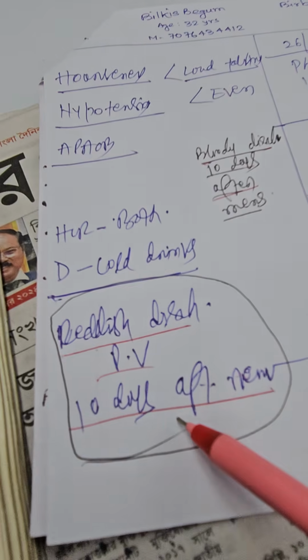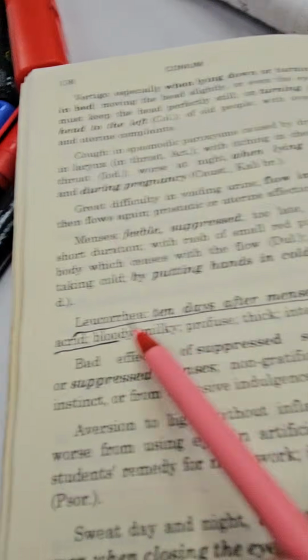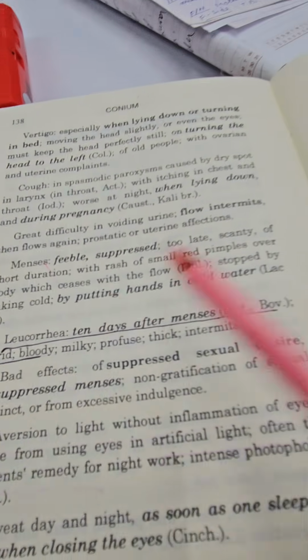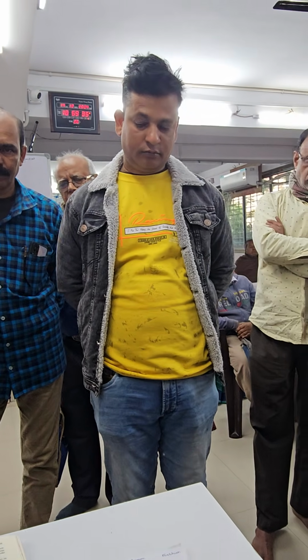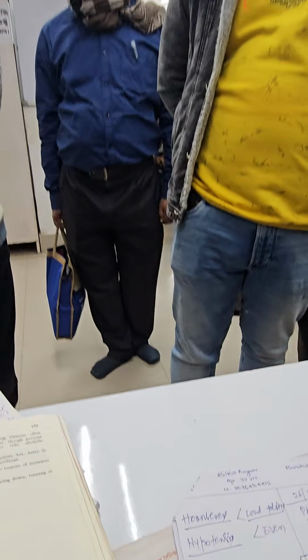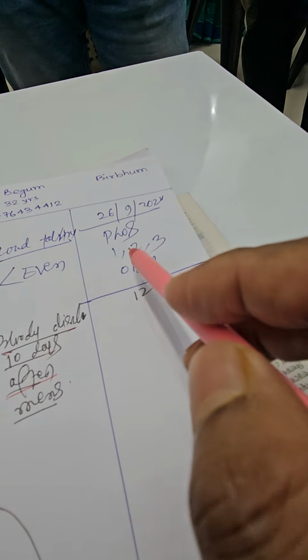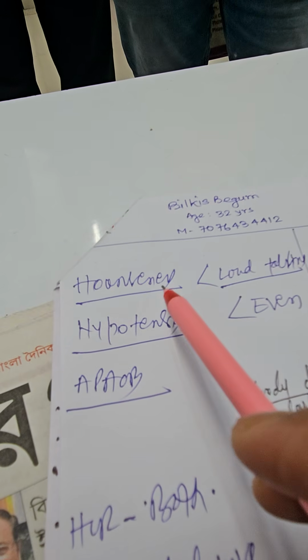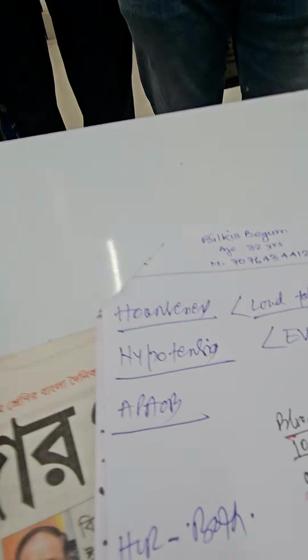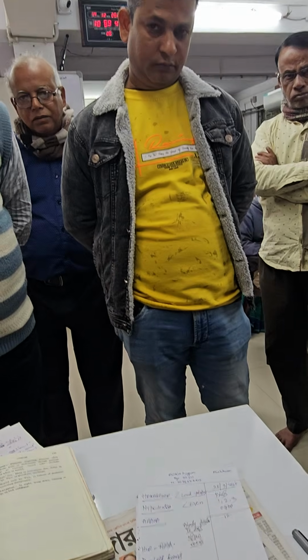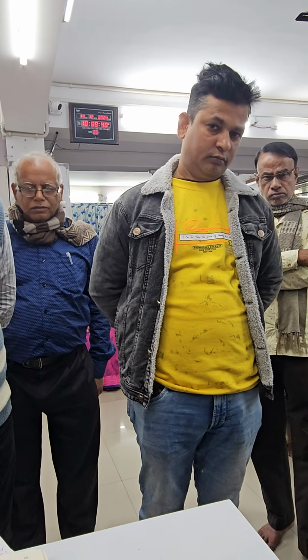Now, these peculiar symptoms are mentioned in Conium maculatum, 10 to 12 days after menstruation. The question is, shall I give Conium or shall I continue Phosphorus, which I had selected for her hoarseness and other complaints? This is a question. How to solve it?